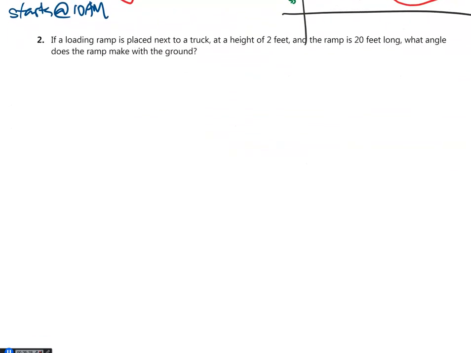If a loading ramp is placed next to a truck, a height of 2 feet, and a ramp is 20 feet long, now what angle does the ramp make with the ground?